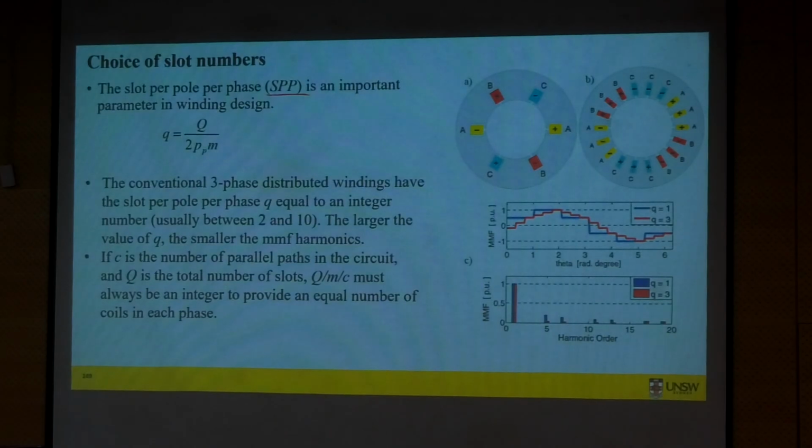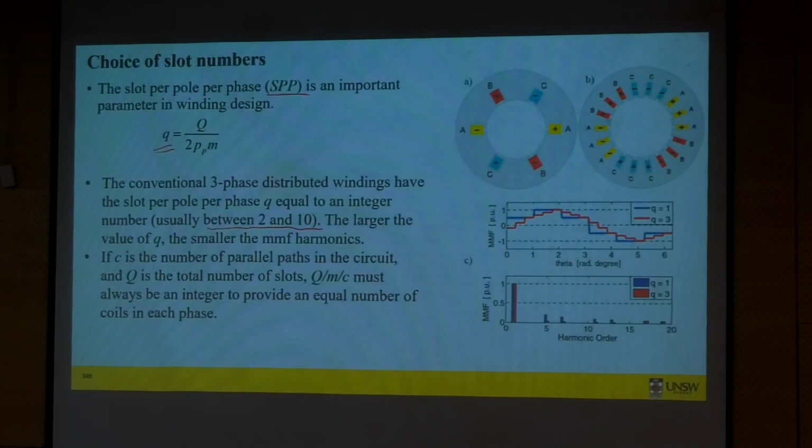Now for this factor, for conventional distributed winding it is usually between 2 and 10. The larger this value, the better your magnetomotive force, MMF, waveform. The closer the MMF is to a sinusoid, the better the torque ripple, because torque ripple comes from the harmonics of MMF and the harmonics of flux density.